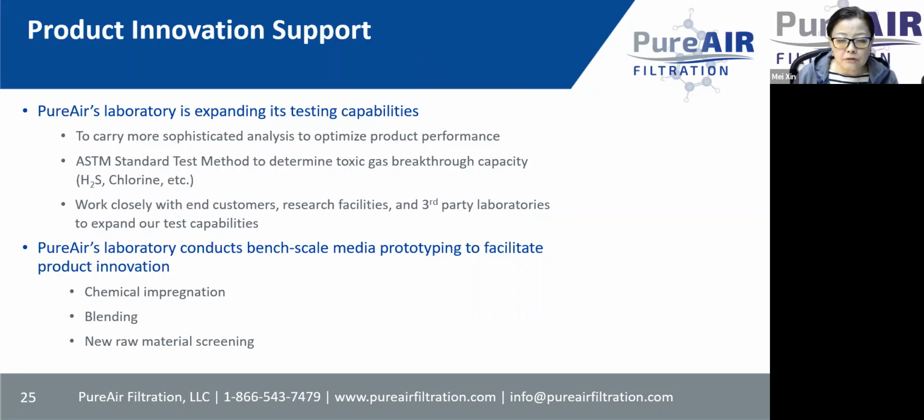So for product innovation support, we currently want to expand our testing capability to different areas. We want to carry out more sophisticated analysis to optimize product performance. We also want to rebuild the ASTM standard test method to determine toxic gas breakthrough capacity, like H2S and chlorine. We used to have it, and right now it's idle, so we want to rebuild it and also expand to different gases.